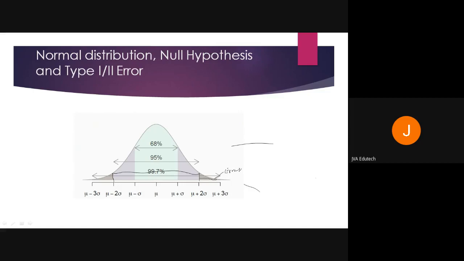So normally we say if P is less than 0.05, so if P is less than alpha, that is alpha is 0.05, reject the null hypothesis.